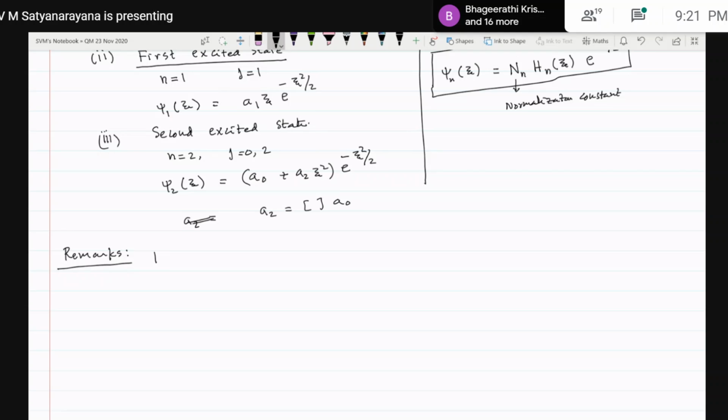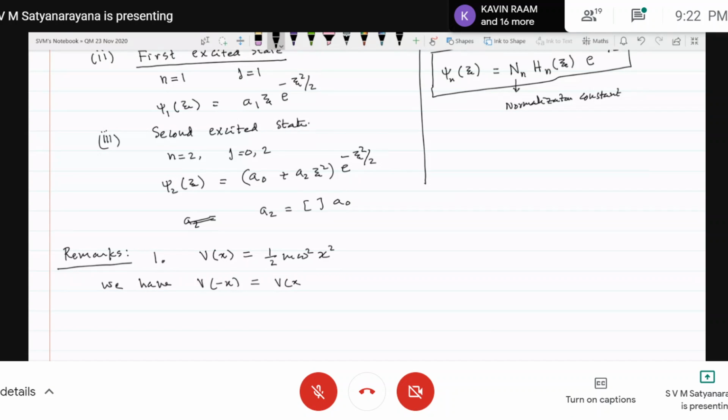The first remark is that since your potential V of x is equal to half m omega square x square, we have a symmetry that V of minus x is equal to V of x.